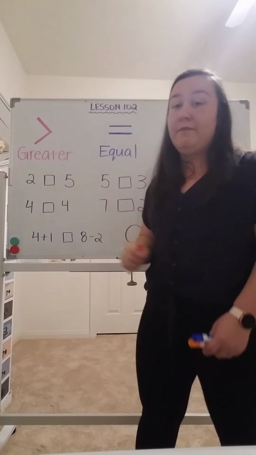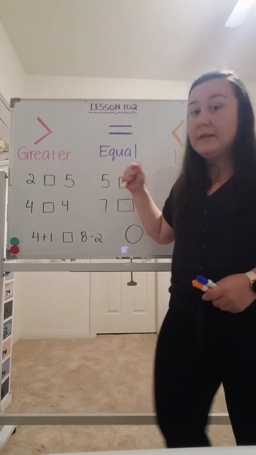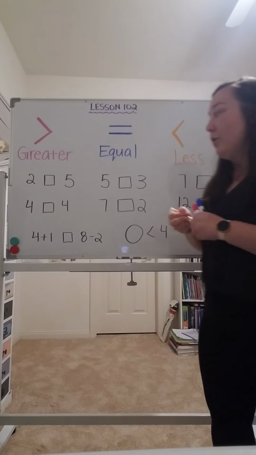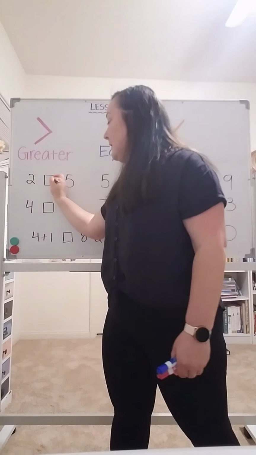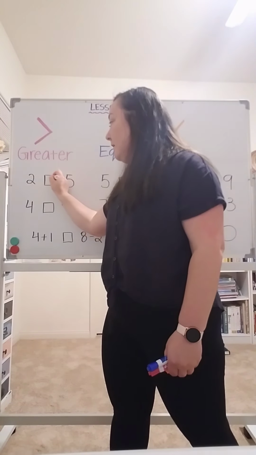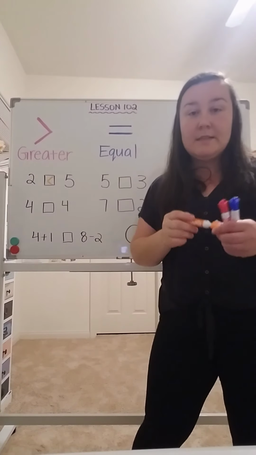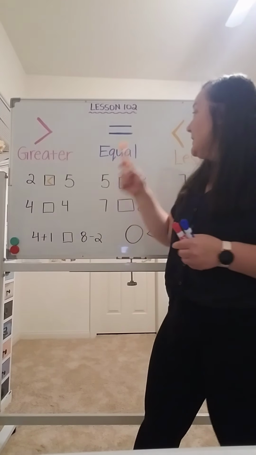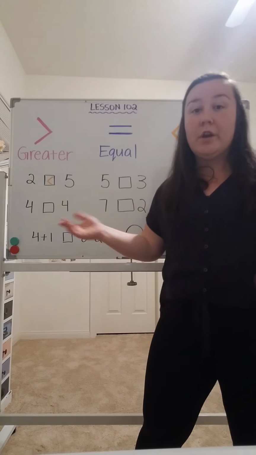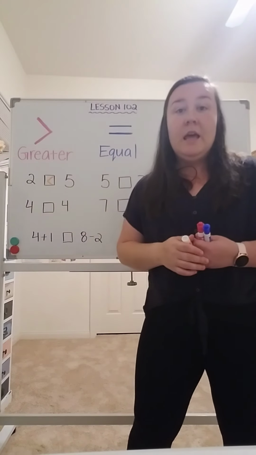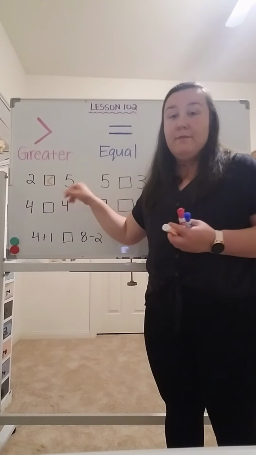It's not equal, it's smaller. So we're going to use the comparison symbol less than. So 2 is less than 5, like this. That's why we use this symbol. We could also say that 5 is greater than 2. But 2 is less than 5.